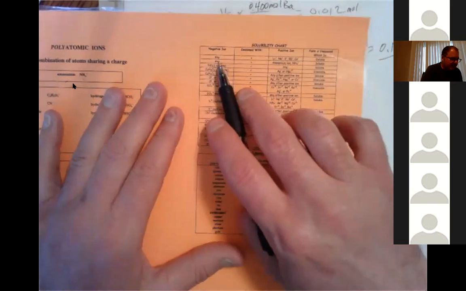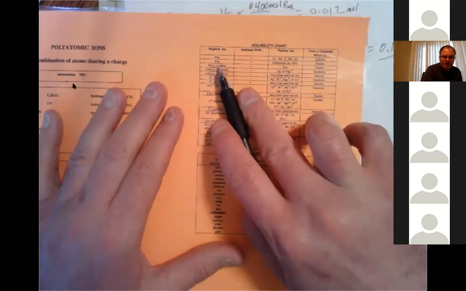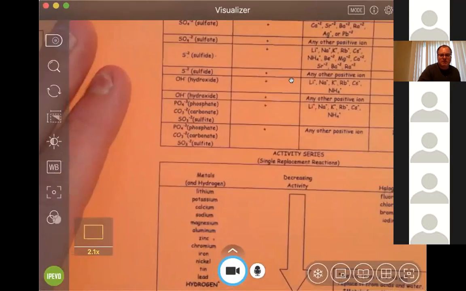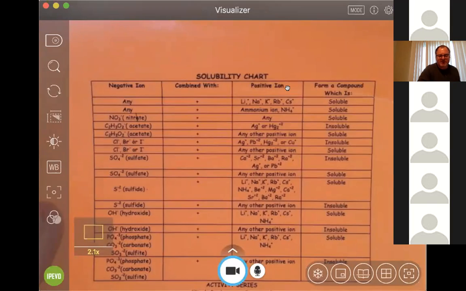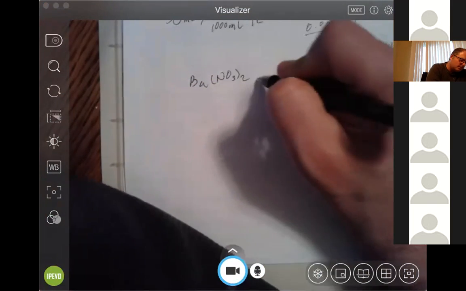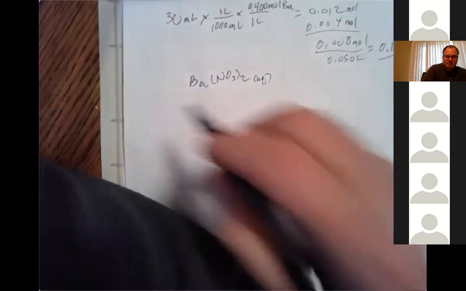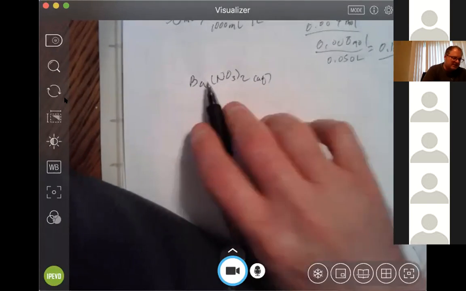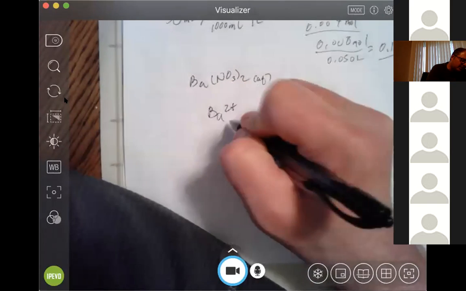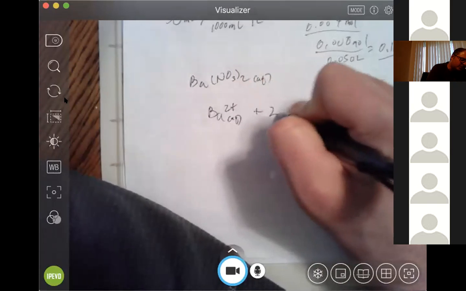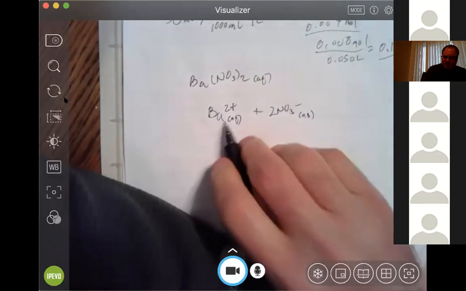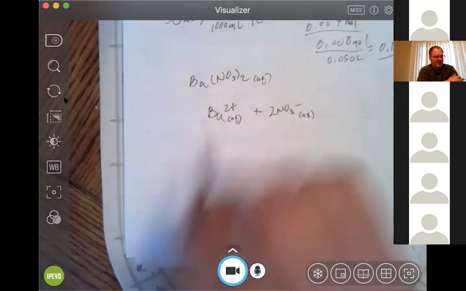If we take a look here, anything with nitrate is soluble. I don't know if you can see that. So that means that whenever we talk about barium nitrate, this is going to be aqueous. So then, just as if we were doing a net ionic equation, that would be Ba2+ aqueous plus 2NO3- aqueous. So that right there is the barium 2+.